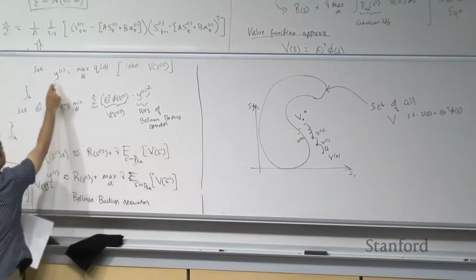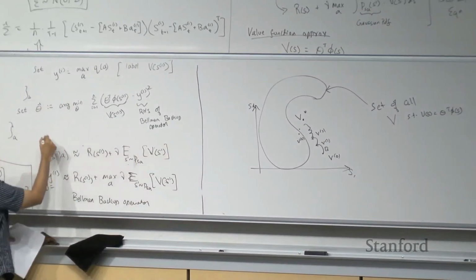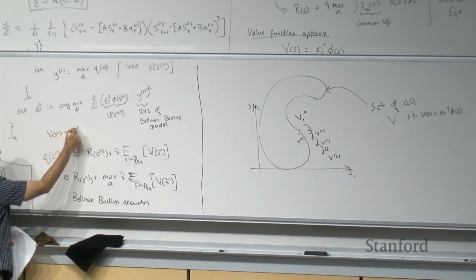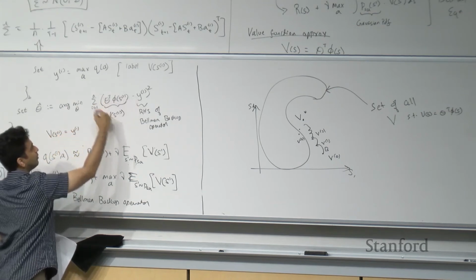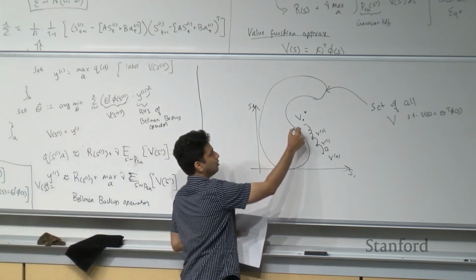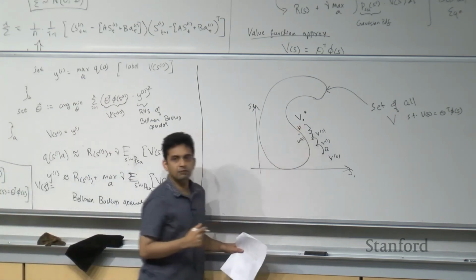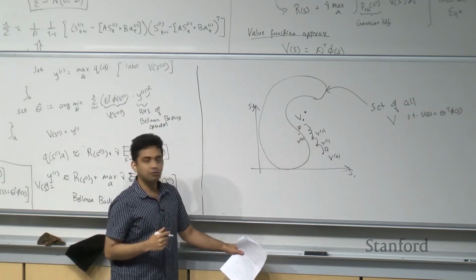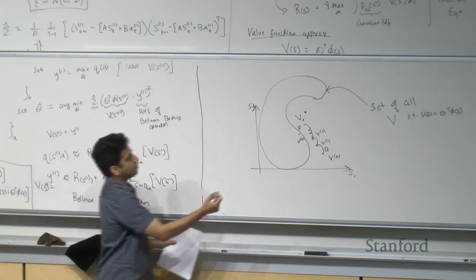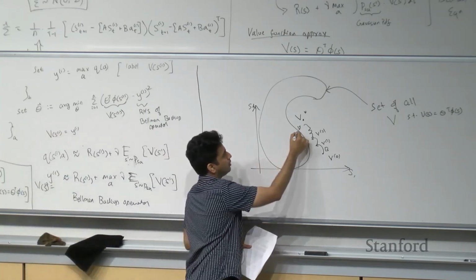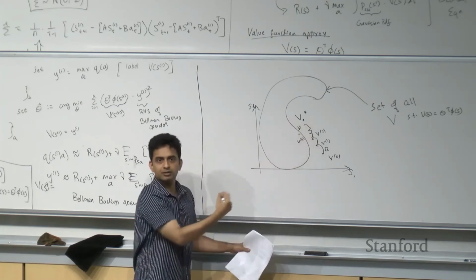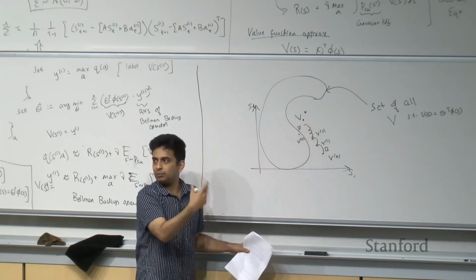So we ideally want V of Si to be equal to yi. We want this to be 0. But this y may be outside our functional space, and therefore when we perform this minimization, we are going to get the projection of yi onto this subspace. That's exactly what happened in linear regression.